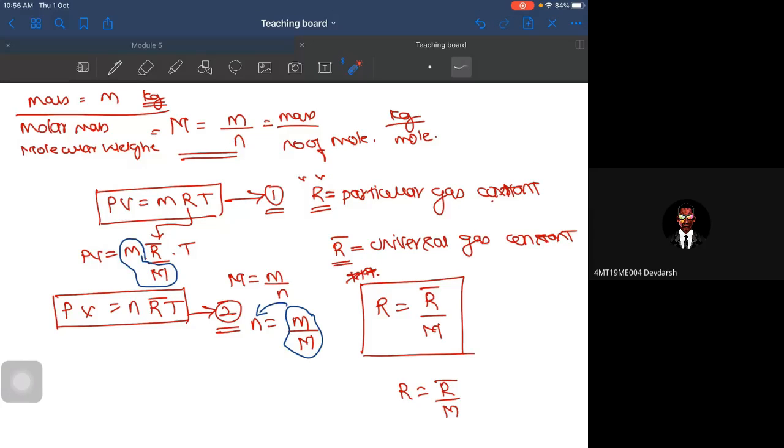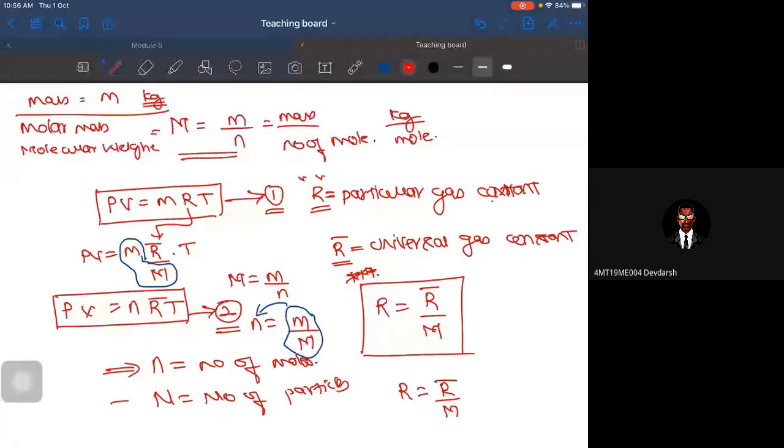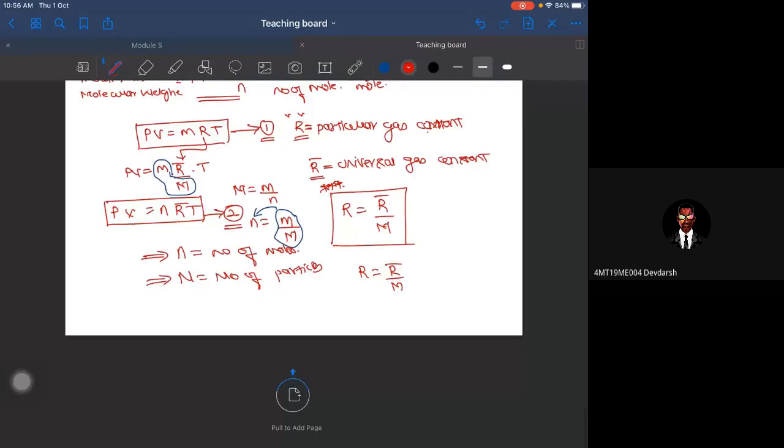Small n is the number of moles, whereas capital N is the number of particles. Keep this in mind, which is very important. Now let us proceed further.